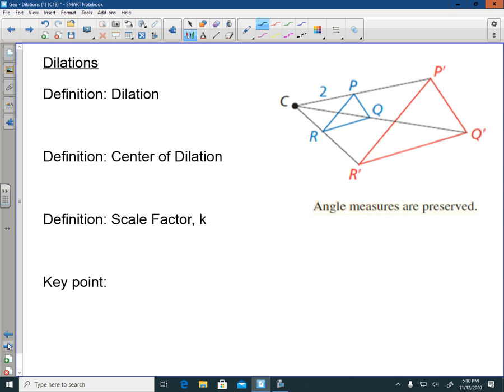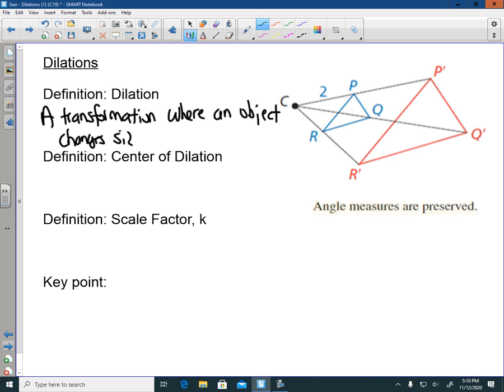Well, a dilation is a transformation where an object, sorry about the feedback, changes size. When something changes size, it has to be measured. We have to know how much it changed size.